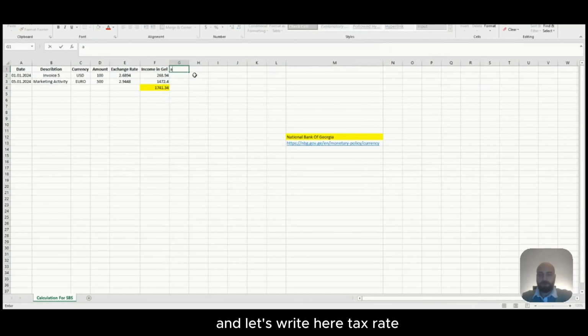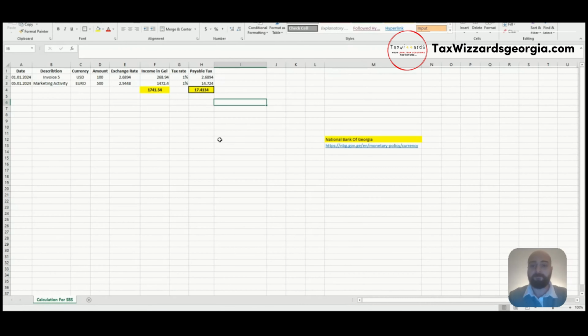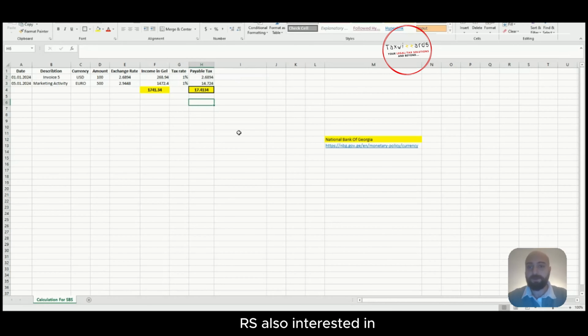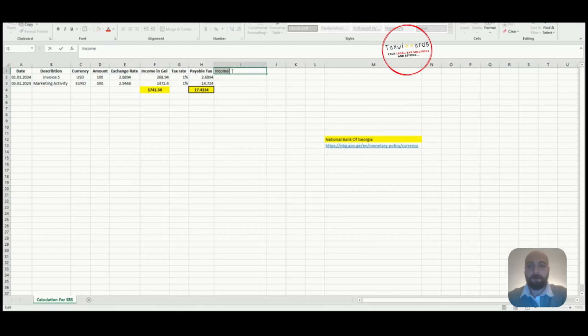And let's write the tax rate. As far as we know, it is 1%. Here we have already calculated the payable tax. However, the revenue service is also interested in your income from the beginning of the year, so let's write there the whole income from the beginning of the year.